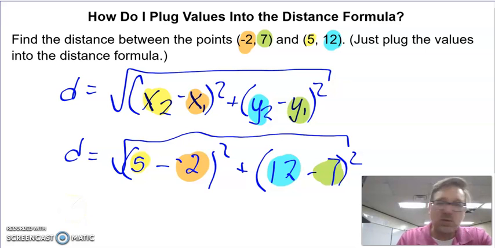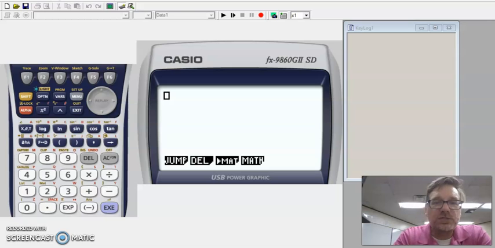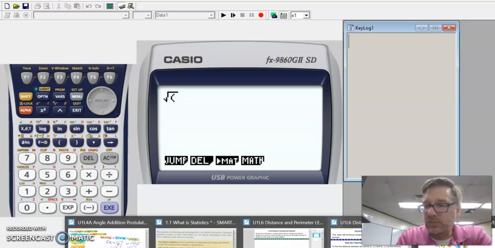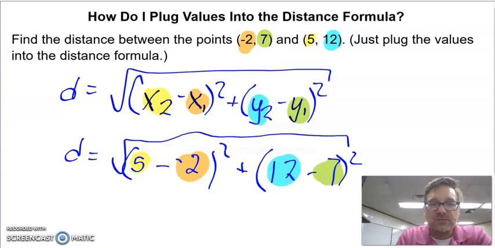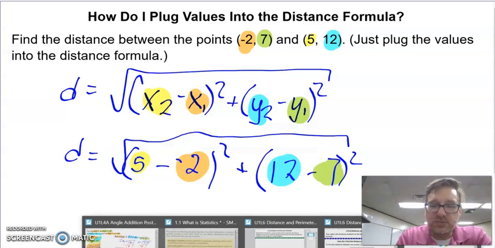So at this point, what I would do is I would just plug it into my Casio. All right, so we've got our Casio right here. So to get the square root, I'm going to hit Shift and X squared. That gets me my square root right there. And then we're going to do parentheses. And it was 5 minus -2.